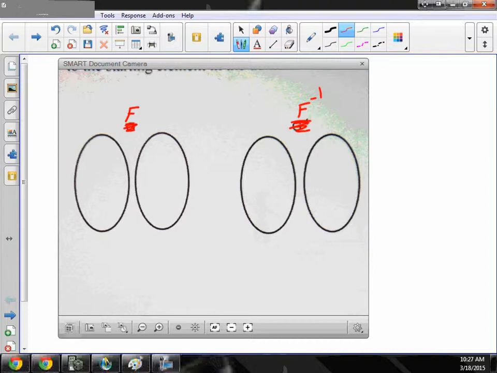We are going to look at a specific trig function called the sine of theta. So pull out your calculators and let's type in 30 degrees.